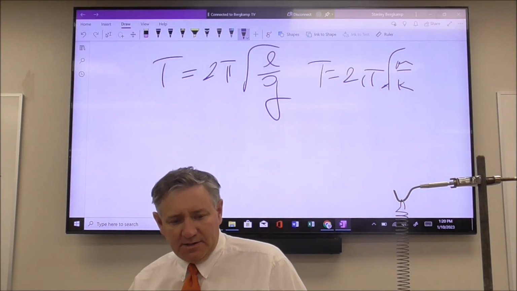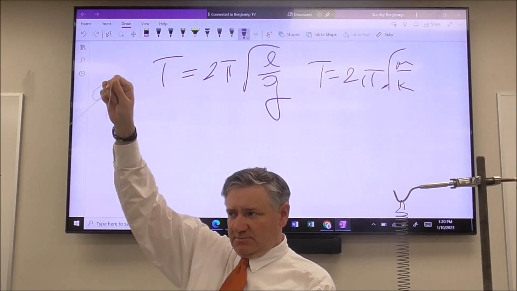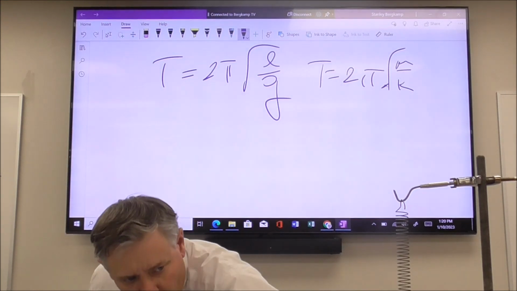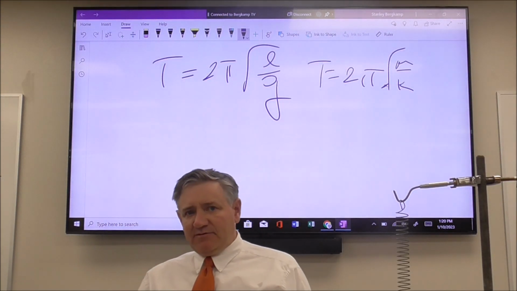No matter what, whether it's a pendulum swinging like this or a harmonic oscillation like that, here's what they have in common.